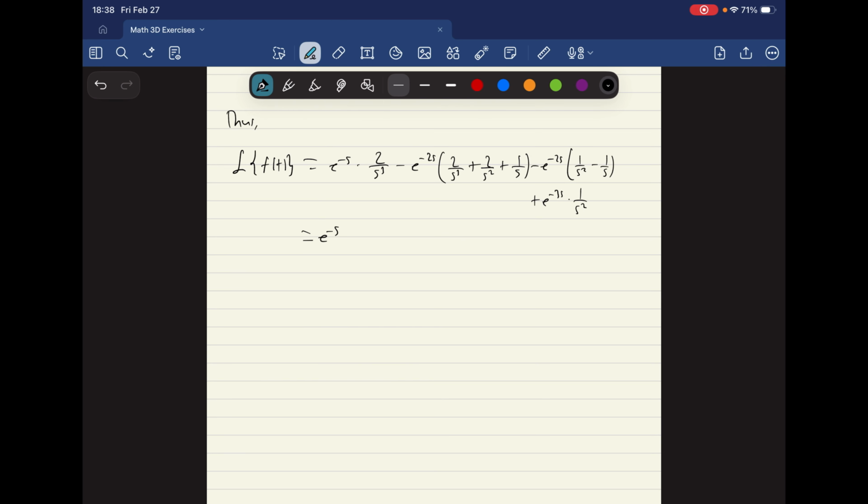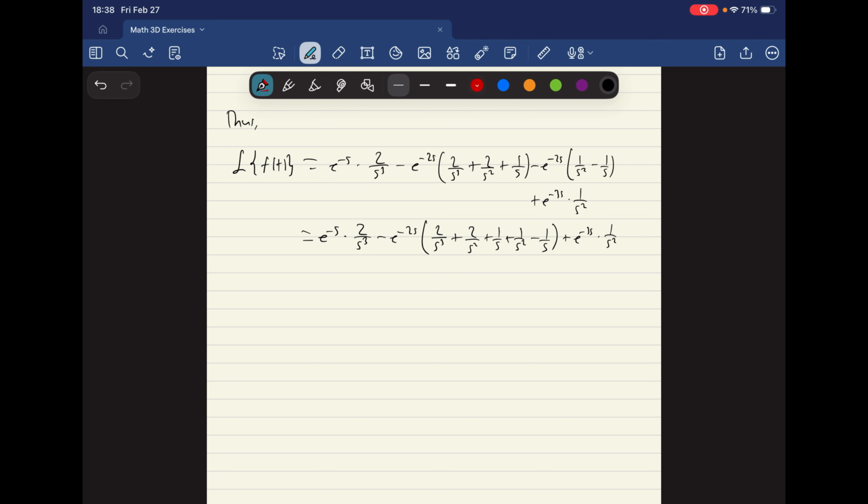So this will be e to the minus s times 2 over s cubed, and then we're going to have minus e to the negative 2s, 2 over s cubed plus 2 over s squared plus 1 over s, plus 1 over s squared minus 1 over s. And then finally, plus e to the minus 3s times 1 over s squared. We'll see why I'm grouping these terms together by exponentials like this in just a moment.